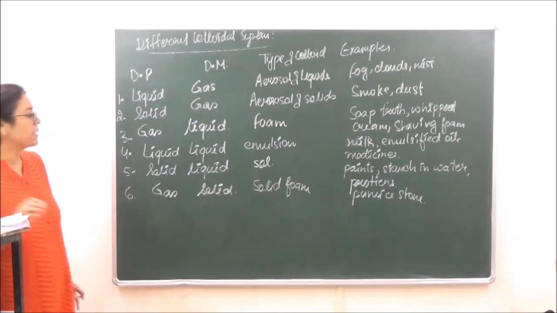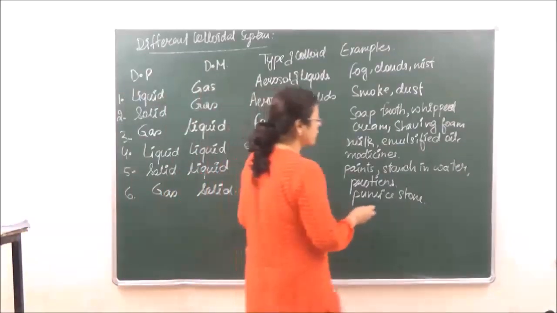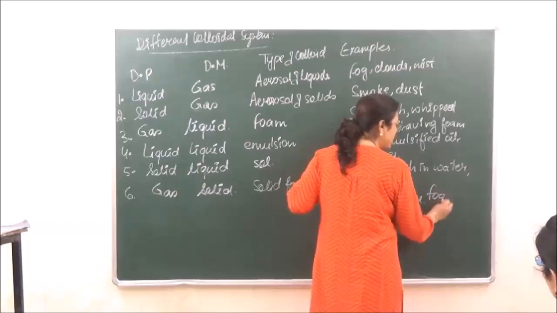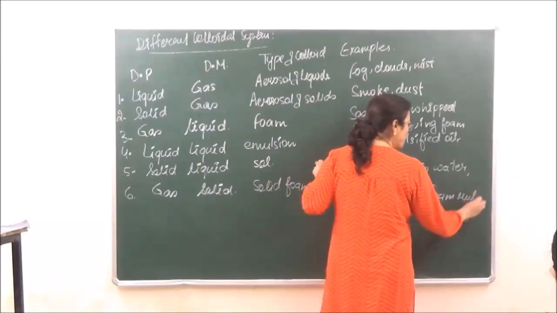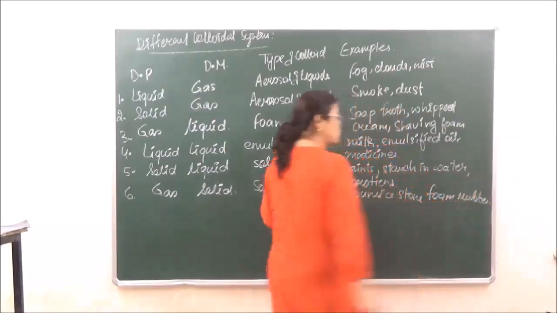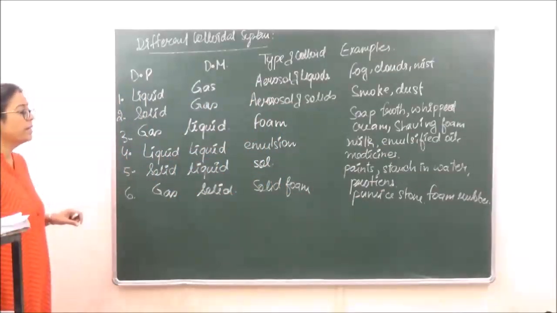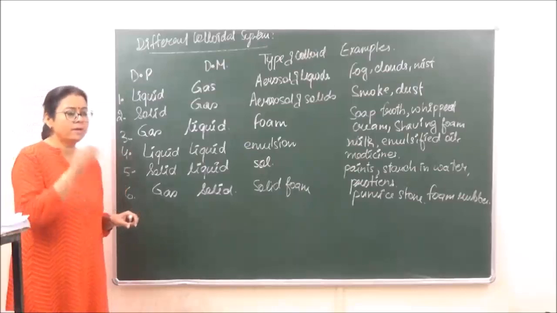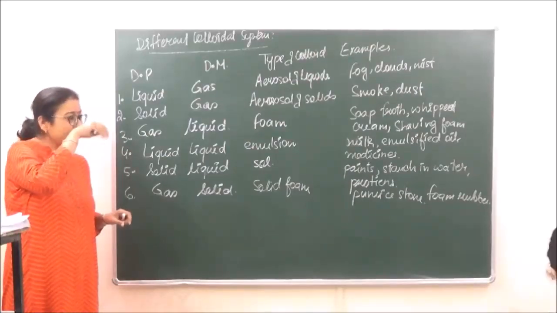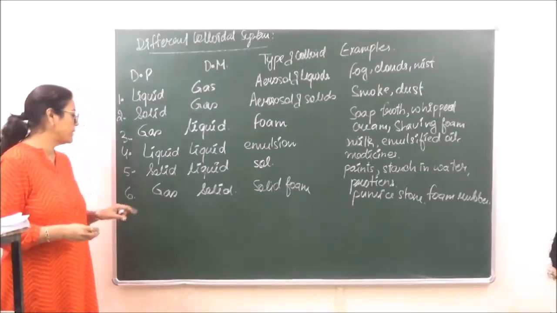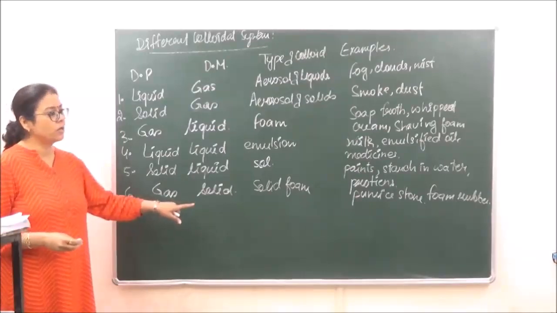Then another example is foam rubber. Foam rubber is the substance by which mattresses are made. That is also an example of this. Okay? If you take out the cover of the mattress, you can see inside that there are a lot of air spaces present. So that is gas in solid, right?